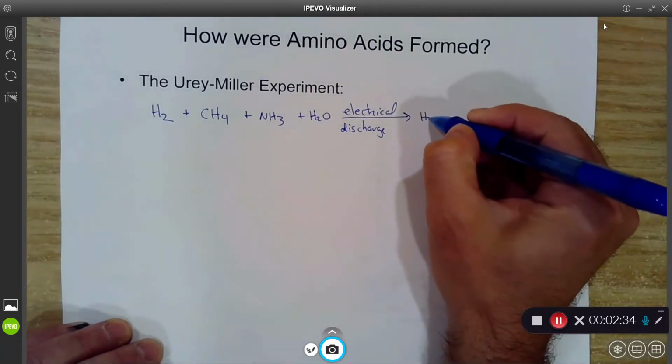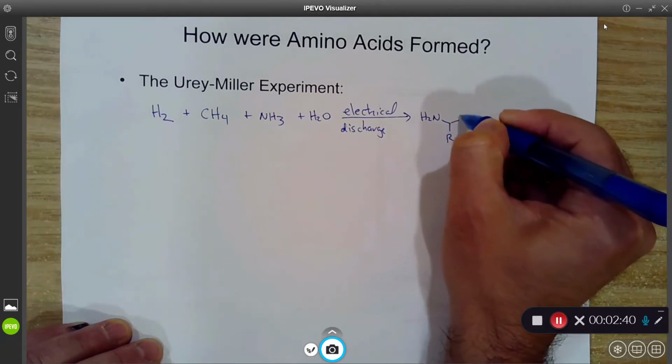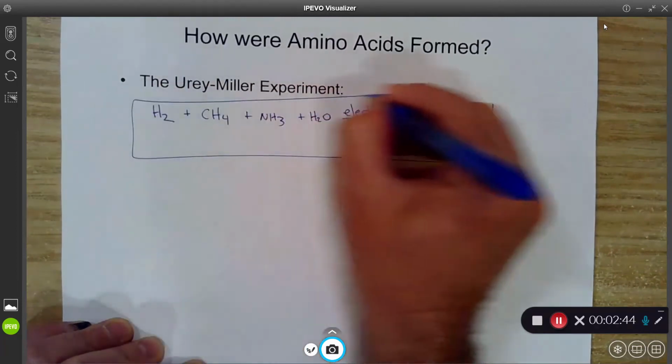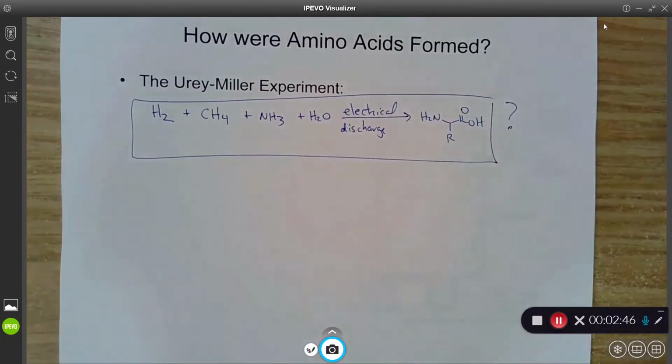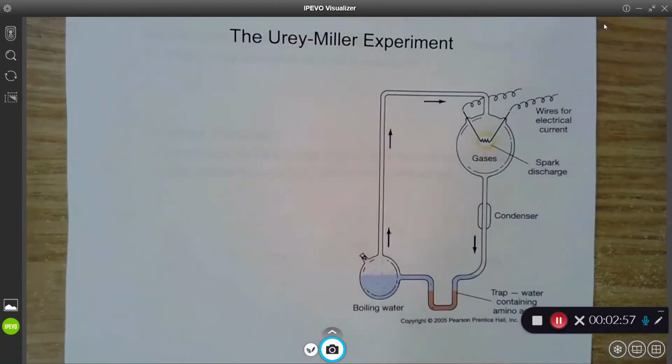So lots of opportunities for high energy collisions, electric discharges. And the question was, well, if we take these basic building blocks together, will we actually construct the backbone of amino acids? So this was the very question that Urey and Miller sought to answer when they were looking at this experiment.